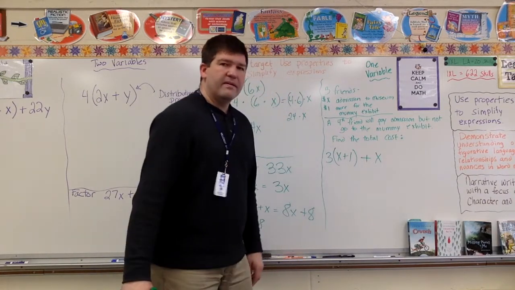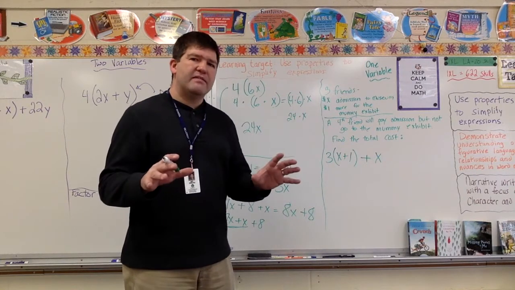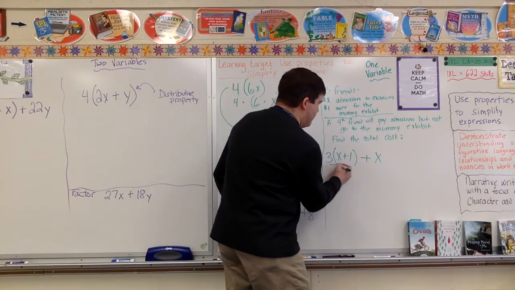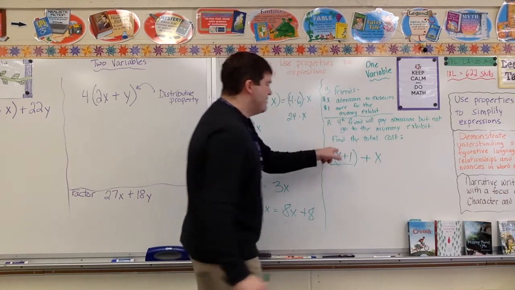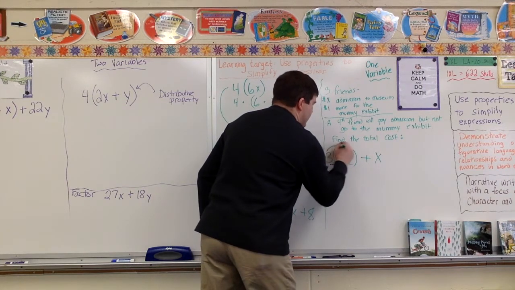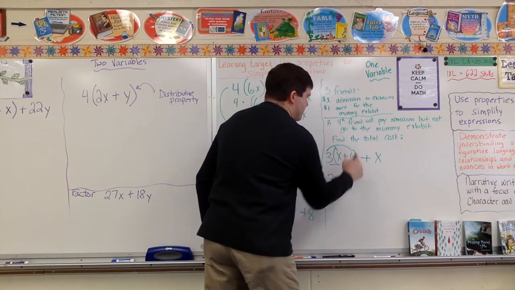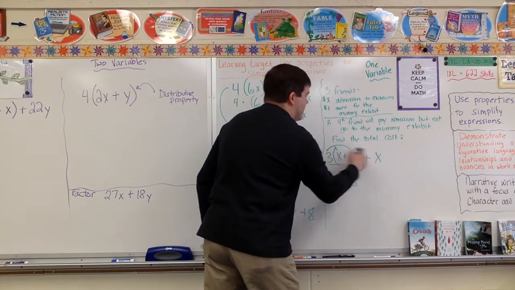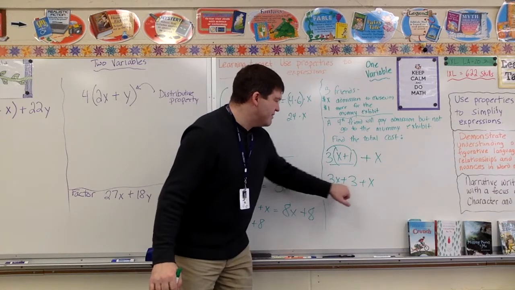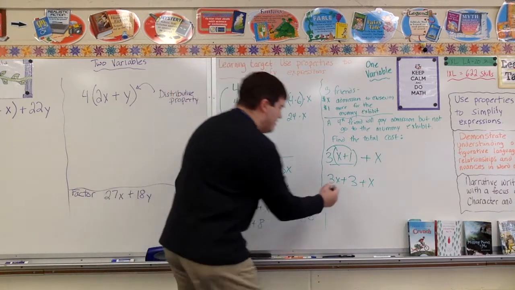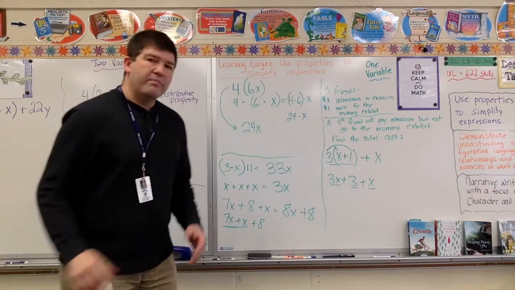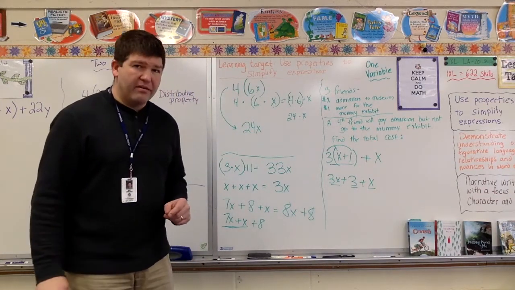I'm going to see if I can get this to where possibly I can simplify it. Now I'm going to use the distributive property here. 3 times x, 3x, plus 3 times 1 is 3, plus x. Now I have things separated by pluses, so I have a term here, I have a term here, I have a term here. Now I'm going to put like terms together.